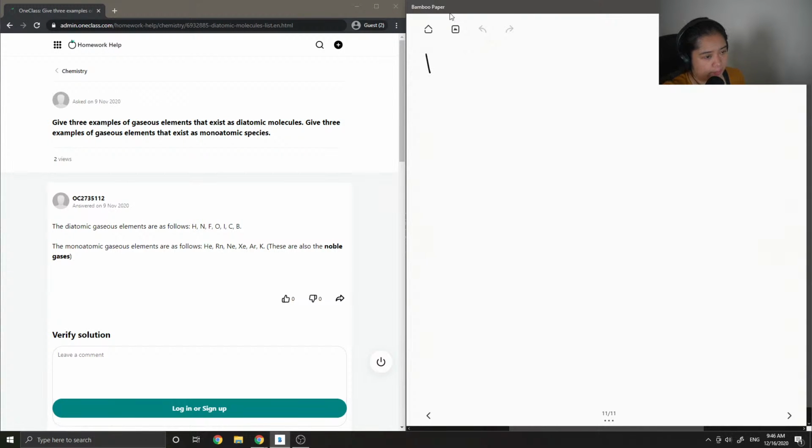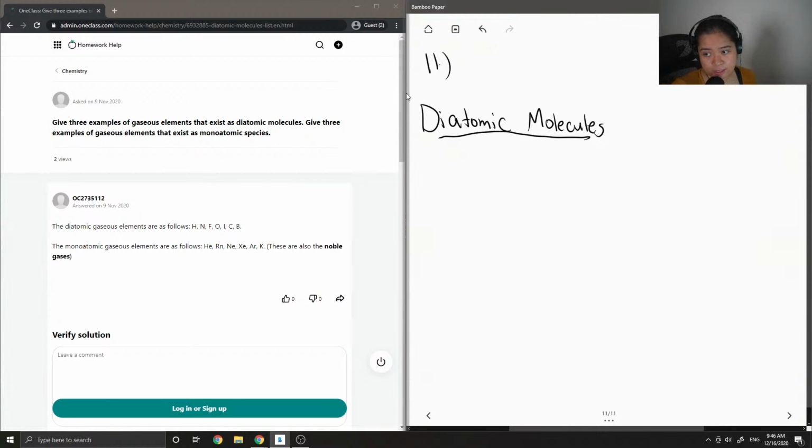Give 3 examples of gaseous elements that exist as diatomic molecules, and give 3 examples of gaseous elements that exist as monoatomic species. So as you can assume, diatomic molecules, because it has a prefix of di, that means there are 2 of it.